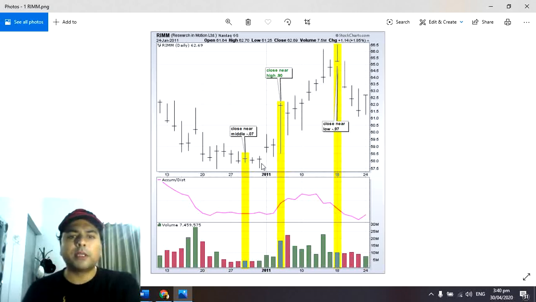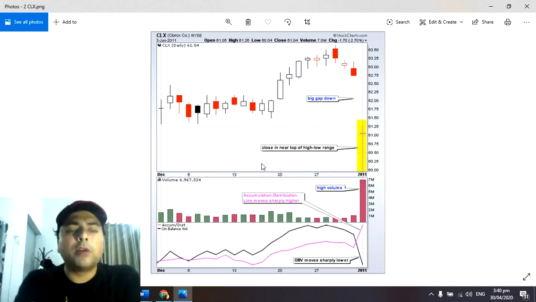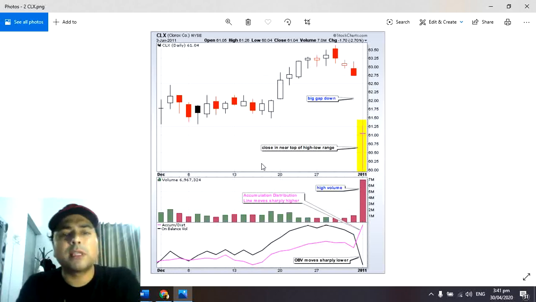Now for OBV. Accumulation distribution indicator and on balance volume indicator are both volume-based indicators that sometimes move in opposite directions because their basic formulas are different.